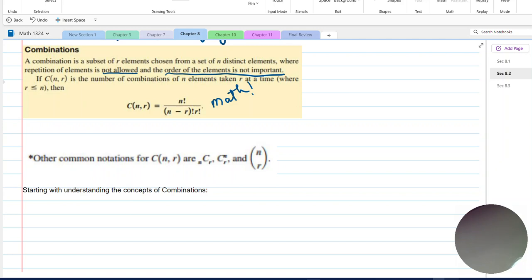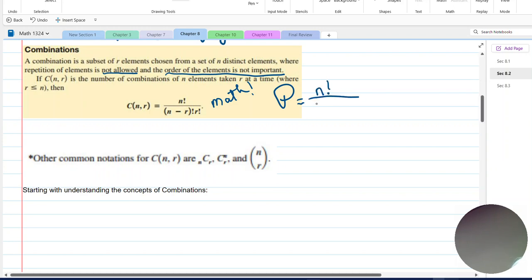Notice that in permutations, it was n factorial divided by n minus r factorial. And notice here we add another r factorial because we're dividing out the repetition of that possibility, r.